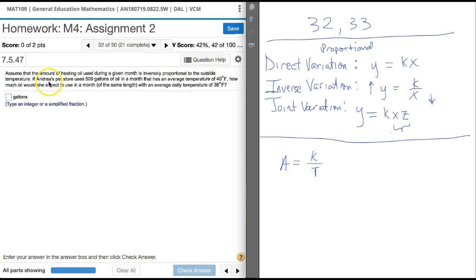So here it says, if Andrea's pet store uses 509 gallons of oil, so that is the amount for this particular situation here, in a month that has an average temperature of 40 degrees. So we have this being 40.